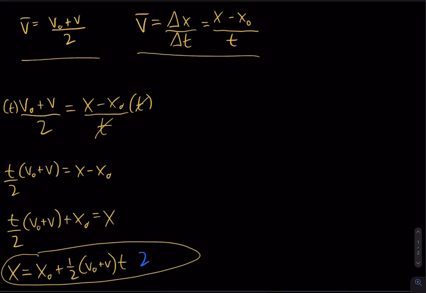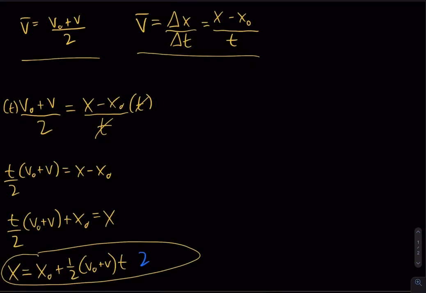And if you kind of think about this, it makes sense. If I want to know where I ended up, if I want to know my final position here, then I can just take my starting position and add to it this quantity. And again, if we remember what this quantity is, this piece right here, 1/2 v naught plus v, is my average velocity.